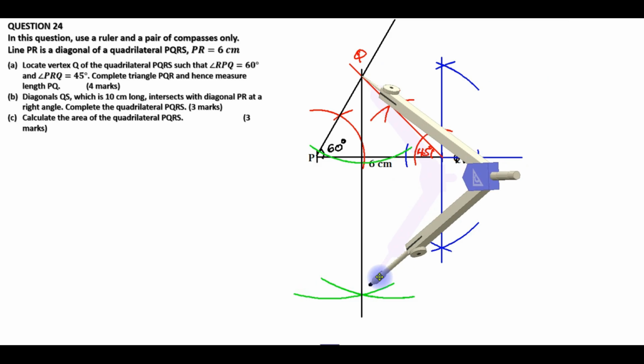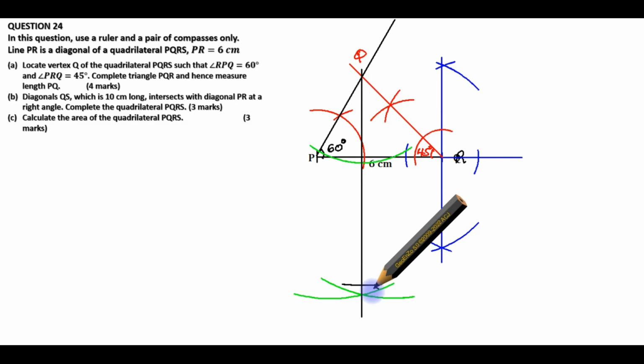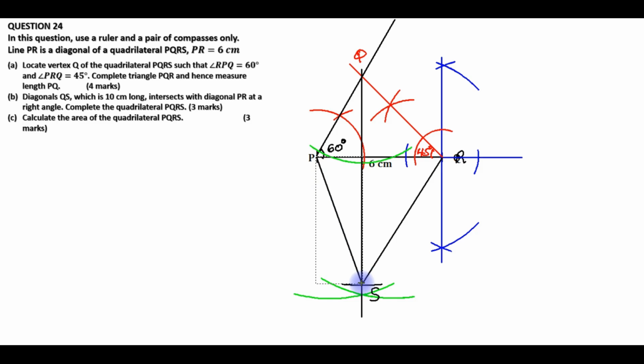So that's where it is, and that is S. Therefore, from there, now I'll join RS. So you join RS. And then P to S.